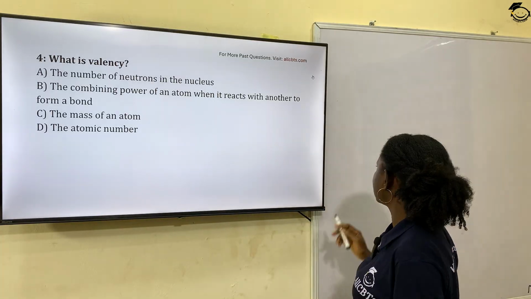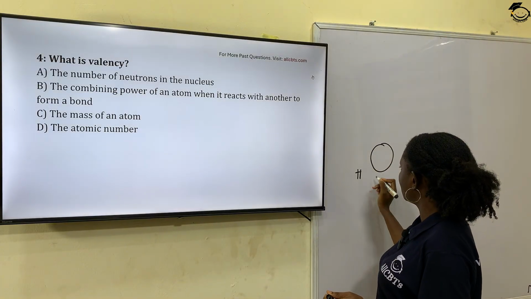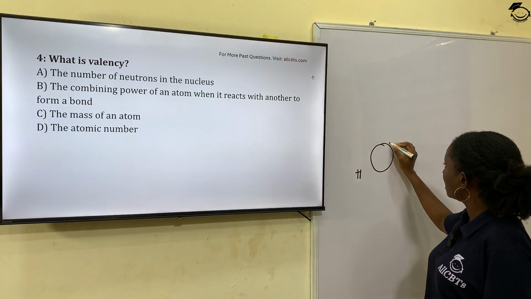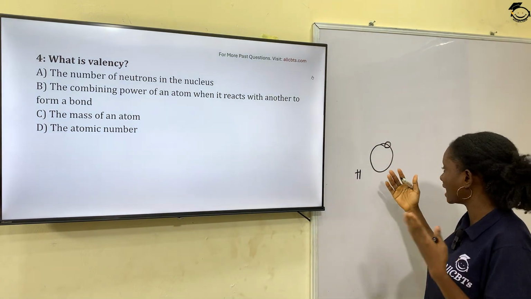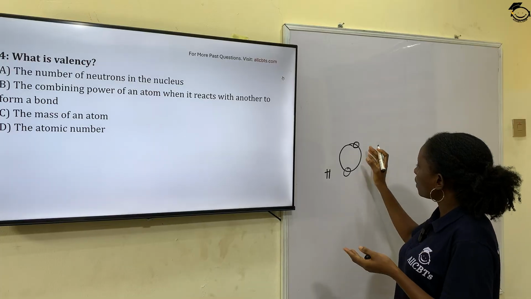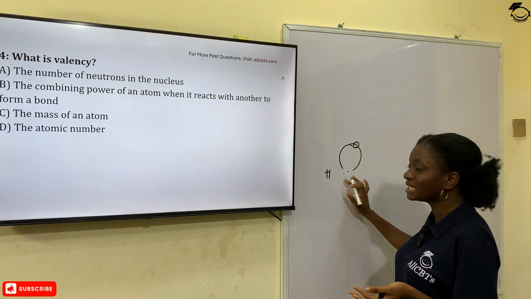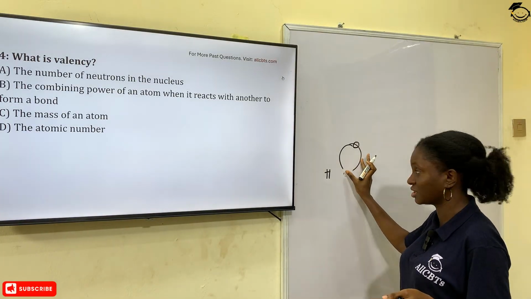Let's look at this, for example. Hydrogen has an atomic number of 1. And in this shell, you need 2 electrons to fill it. So hydrogen is in need of 1 more electron to complete the number of electrons to fill this shell.